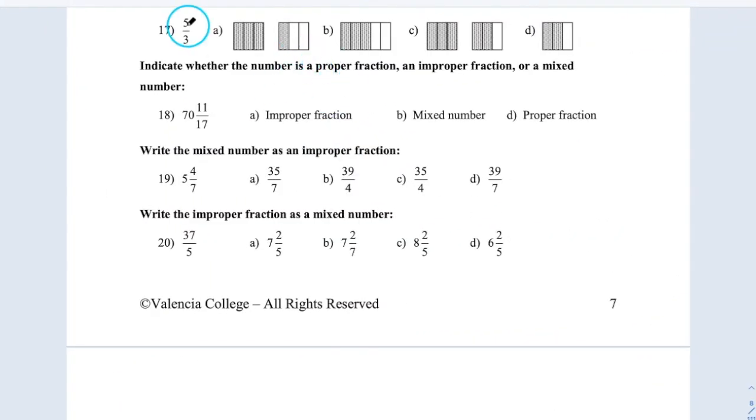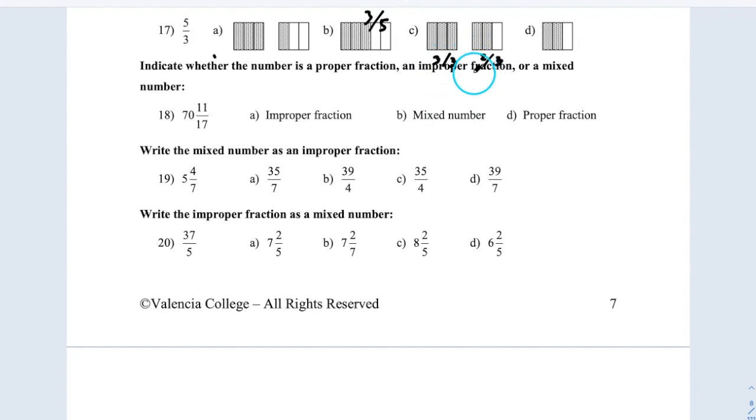Number 17: 5/3. So my unit is divided into 3 pieces: 3, 3, 3. No, here it is divided into 5 pieces. Here it's divided into 3, 3, and 3. So this is 3/3, and this is 2/3.